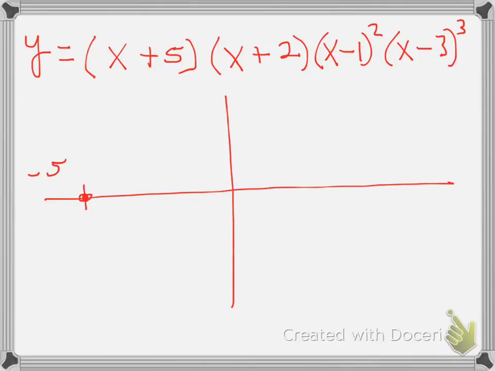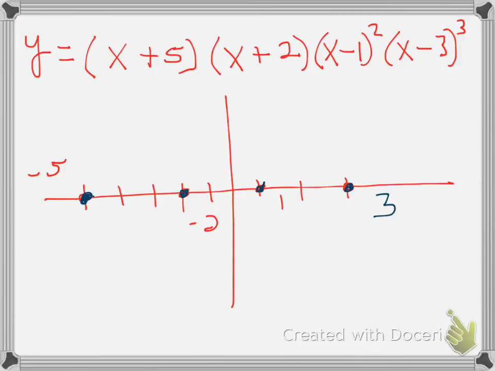We know we have one at negative 2. We know we have a 0 at 1. And we know we have another one at 3. So, we've got one at negative 5, negative 2, 1, and 3.